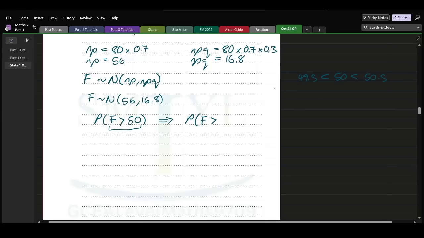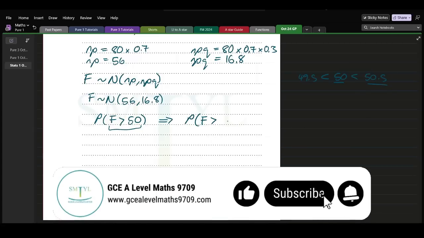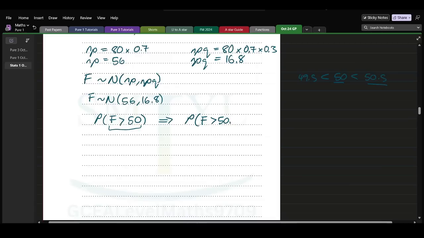So any number between 49.5 and 50.5 is technically 50 under continuous conditions. In this case, since our numbers must be greater than 50, we're going to start counting from 50.5 since we're going upwards. So that's what we're solving for, the probability that f is greater than 50.5.